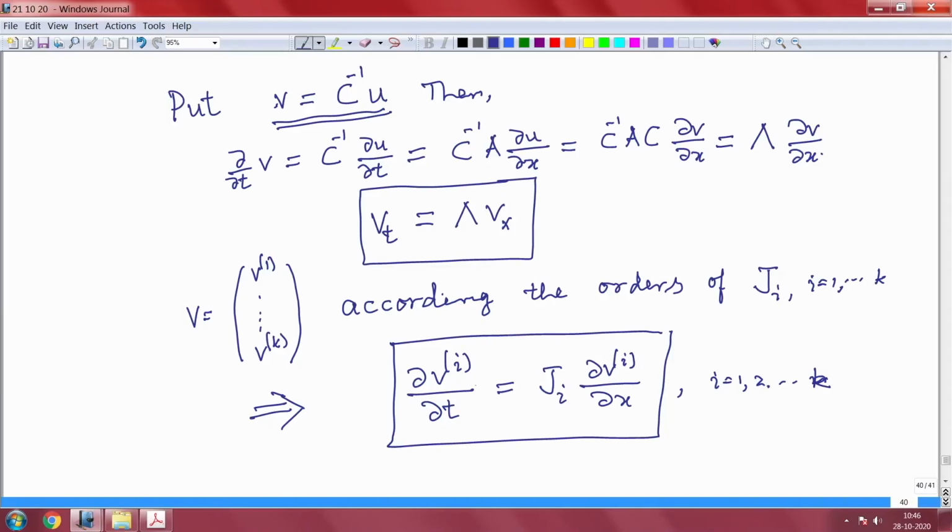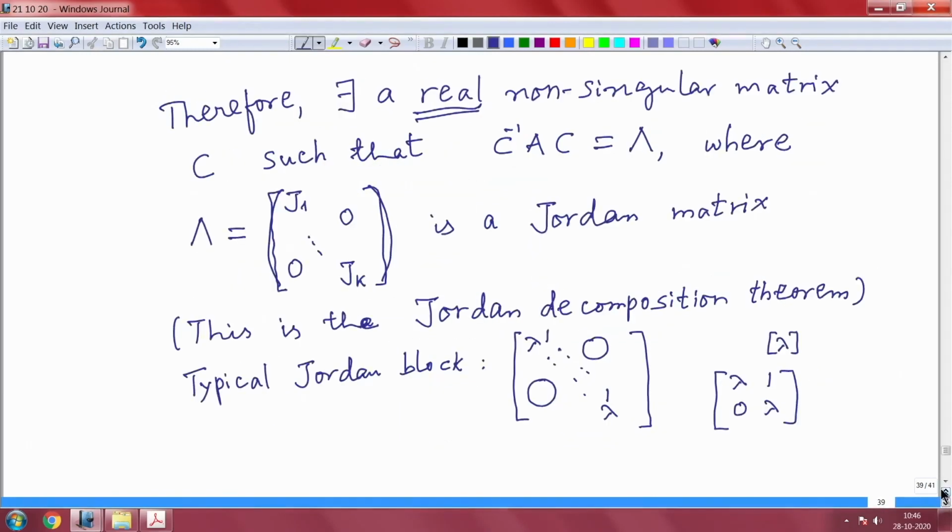So, if you again look at the typical Jordan block, it is of this form.